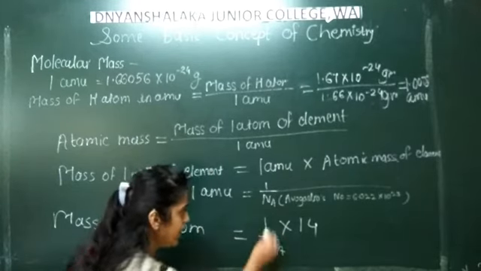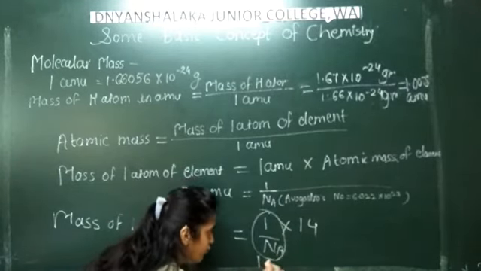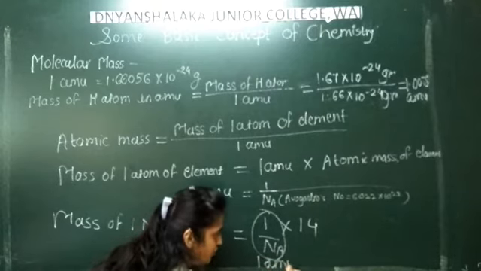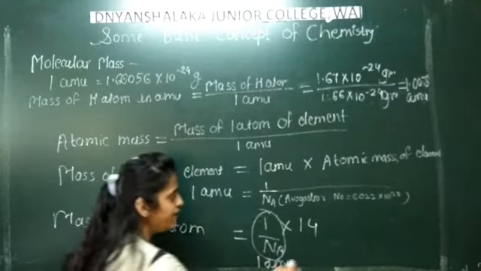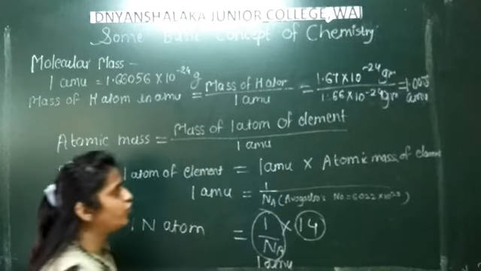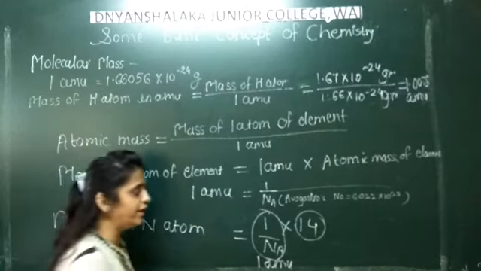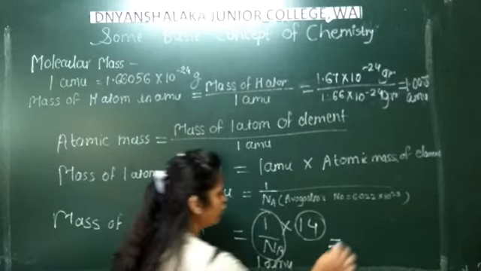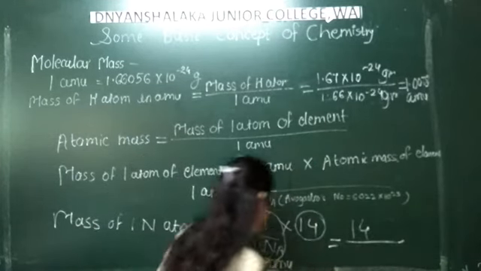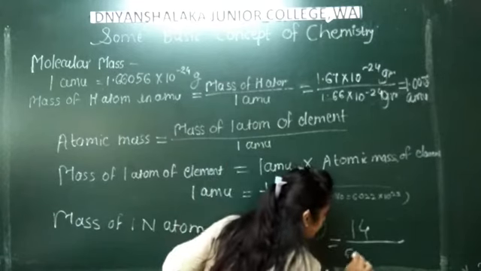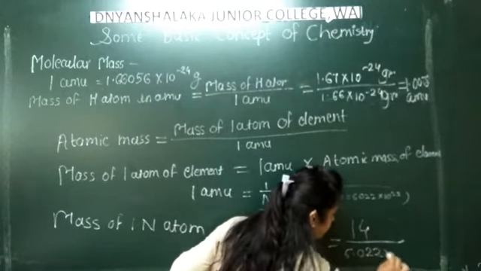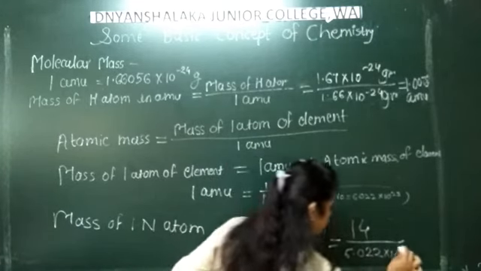1 upon Na is equal to 1 AMU, which means 1 atomic mass unit, and 14 is the atomic mass of the nitrogen element. So we calculate the value using the formula 14 upon the Na value, 6.022 into 10 raised to 23.